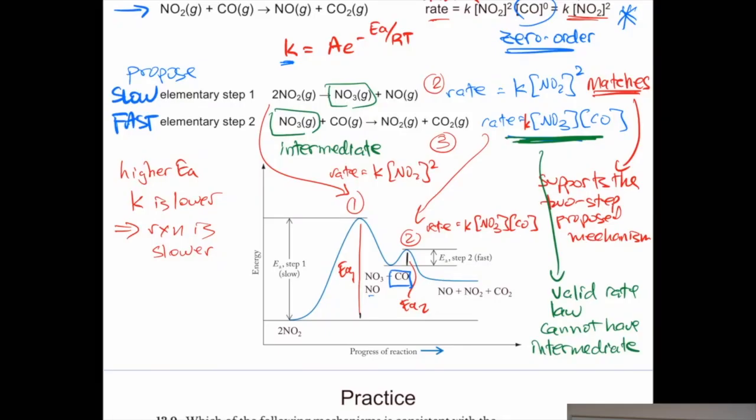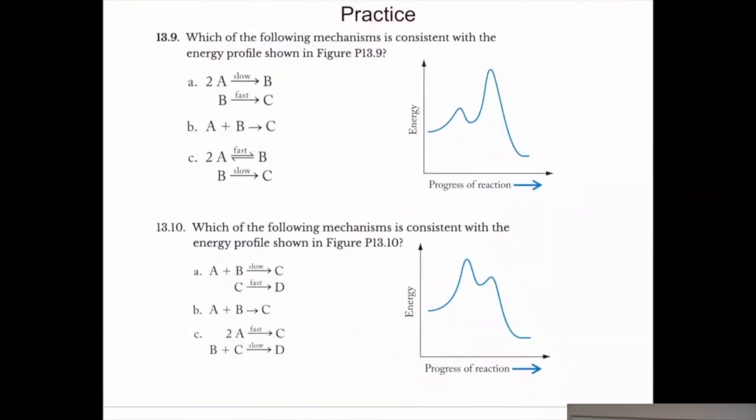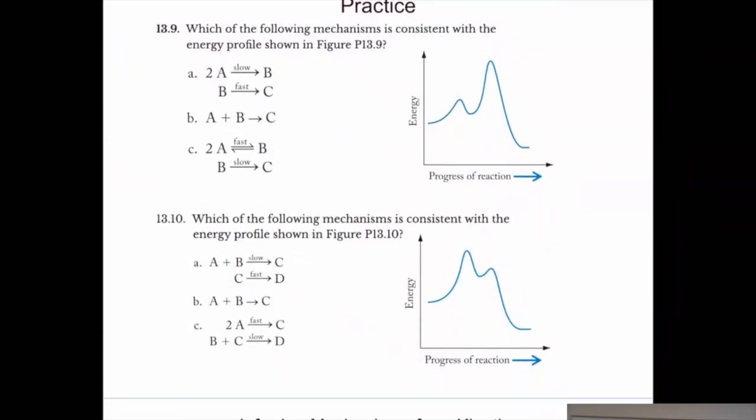So, now that we've gone over that, let's practice a little bit. I've got 2 practices here, but let's have you guys try the first one, or the second one. The first one actually has something to do with it. So let's just do 13.10. Which of the following mechanisms is consistent with the energy profile shown in this figure?